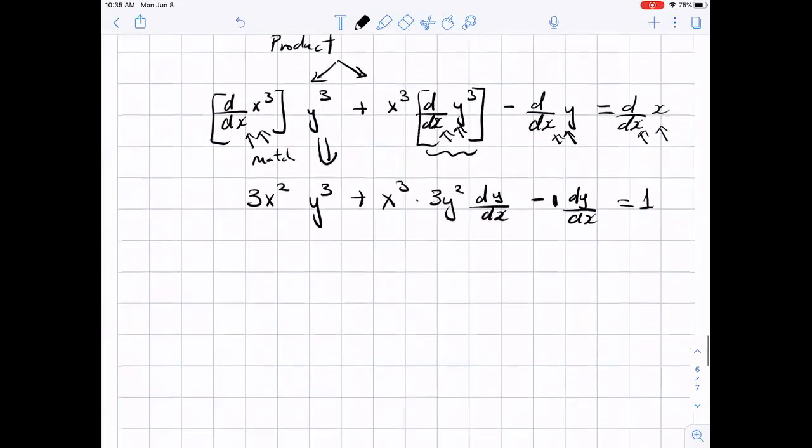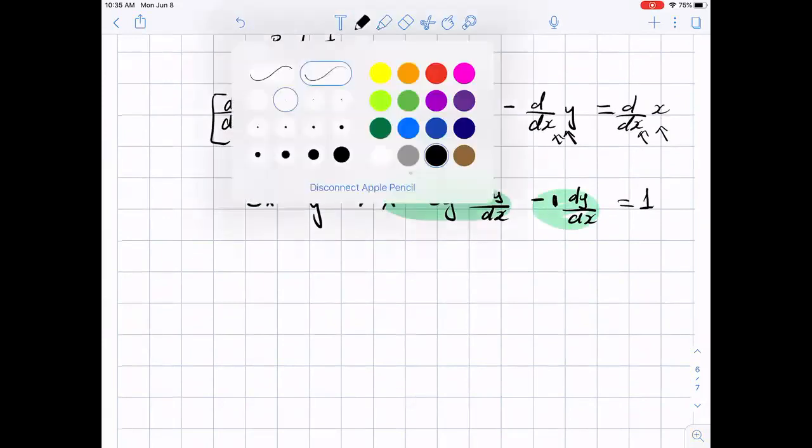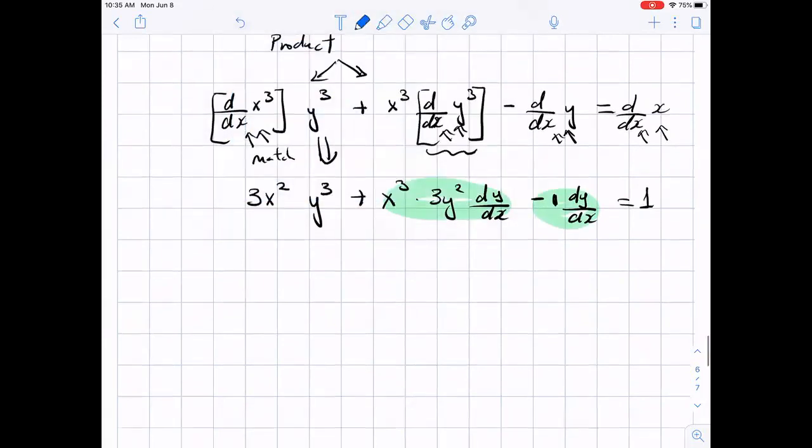So that's the differentiation. Now we collect all the dy/dx. Notice we only have two terms with dy/dx, this one here and this one here. So this will go to the other side. So x cubed 3y squared dy/dx minus dy/dx, we don't need to write the 1, is equal to 1.